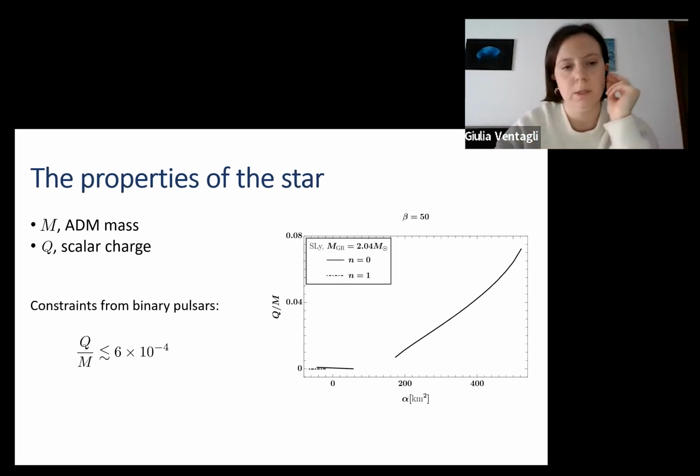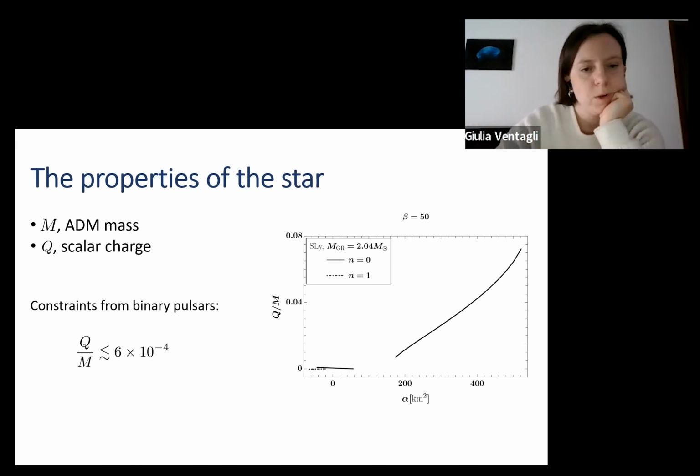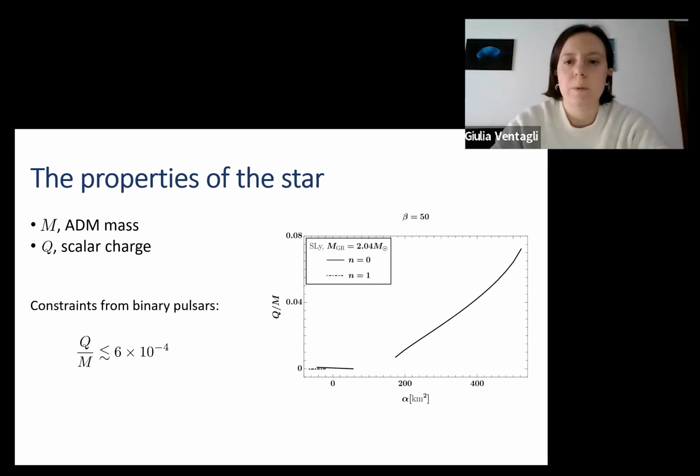This is a dimensionless quantity, so we can constrain Q over M. I'm not going into the details of why this has to do with sensitivities. I have a slide if you want an elucidation on this. But here I'm showing a particularly straightforward case for this analysis.